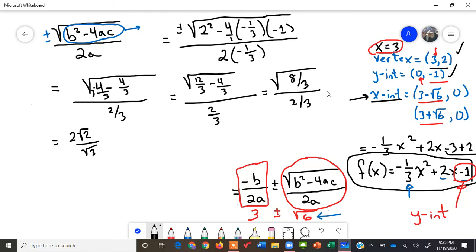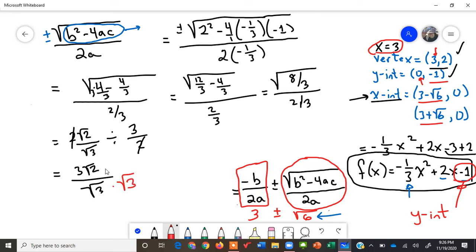Now remember, this fraction bar is like a division. So we're dividing by 2/3, which is multiplying by 3/2. So that cancels, and we have 3 root 2 over root 3.